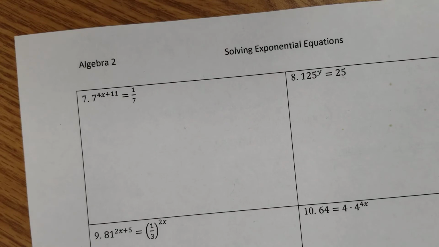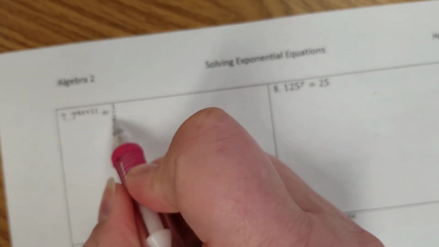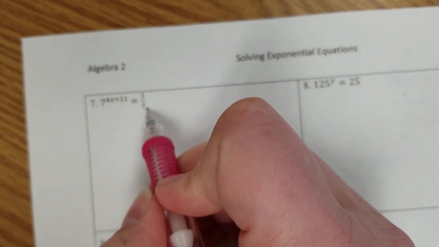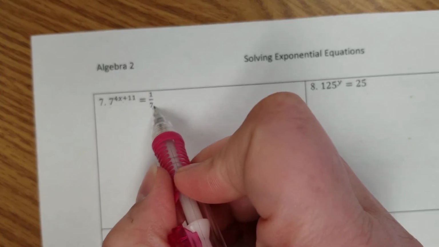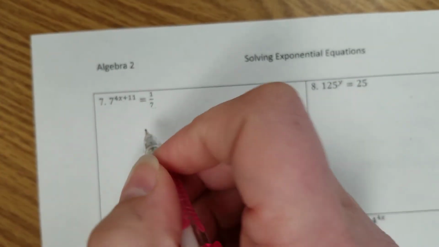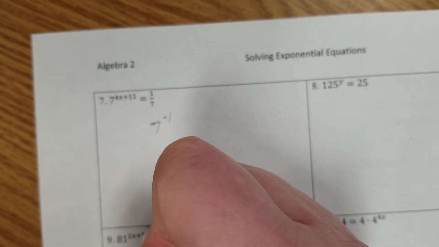So for number 7, we have 7 to the 4x plus 11 equals 1/7. So we need to make 1/7 into a power with a base of 7. And because it's a fraction, we know it has to have a negative exponent. So it's 7 to the negative first power.